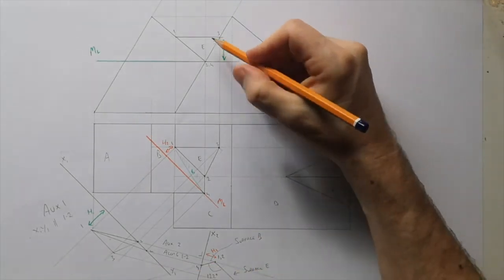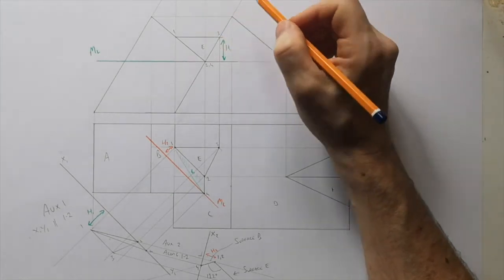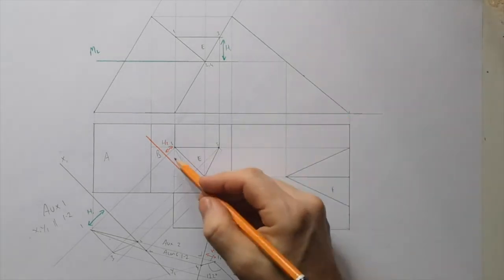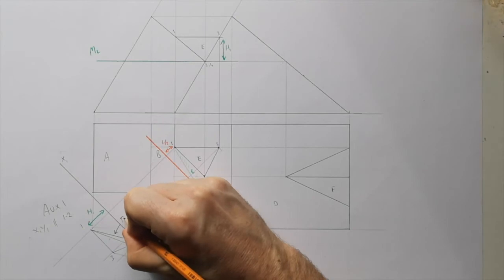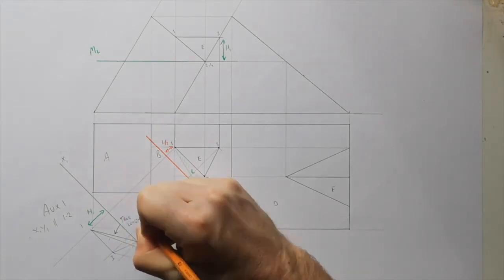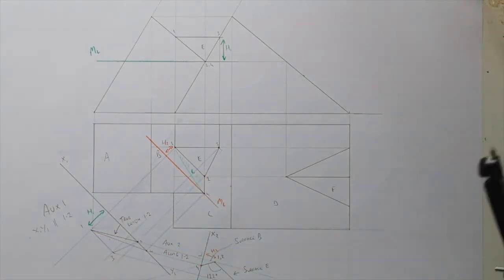Is there anywhere we have a true length of 1 to 2 or 3 to 2? And whenever you see true lengths, think dihedrals, because that's where we see true lengths. And then we do have it, of course, here. So this here is a true length of 1 to 2. All right, so what we do is we take it from there.